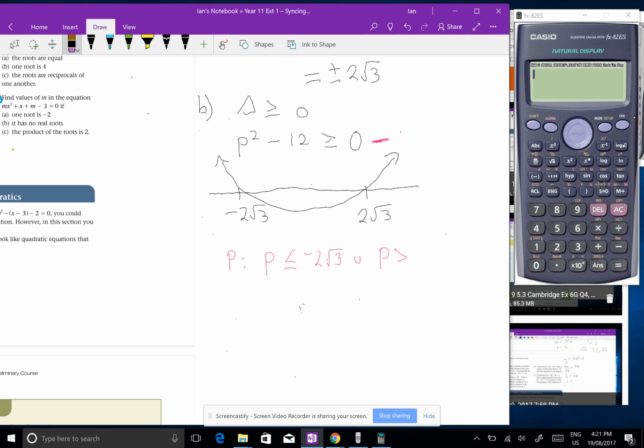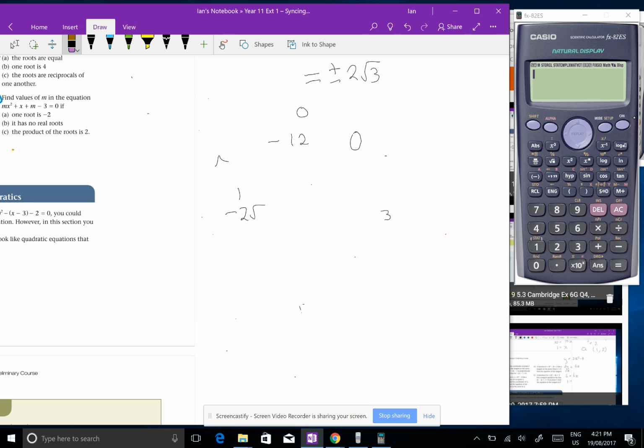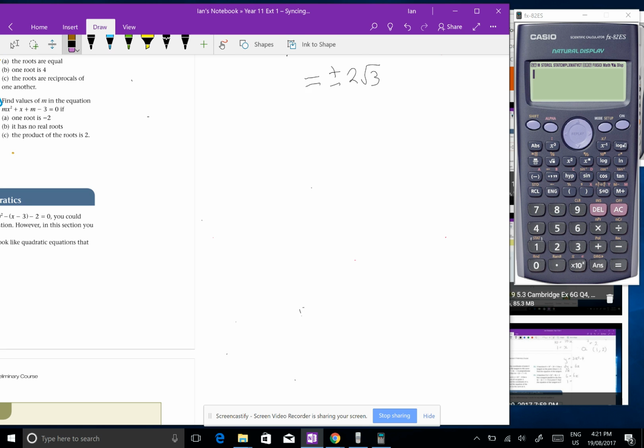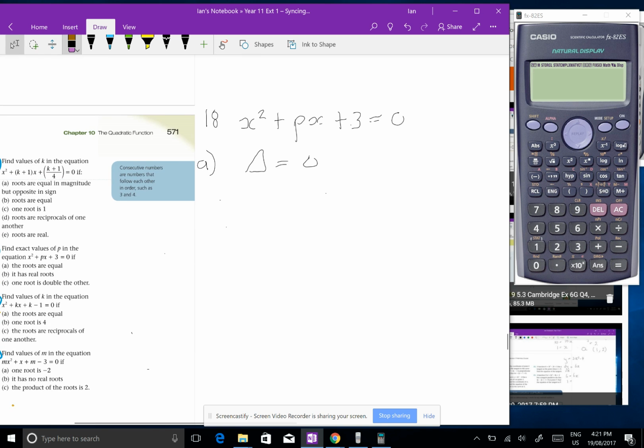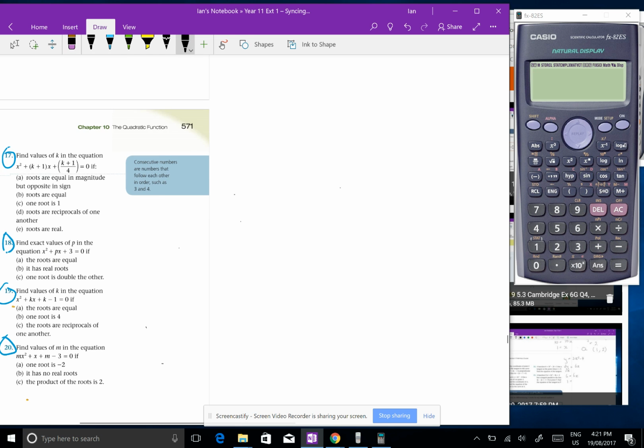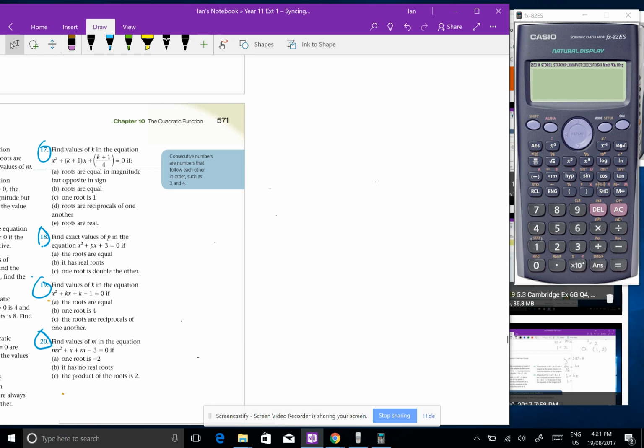So I'll just get rid of this so we can see the question at the same time. All right, question 19. What do we got here? Find the values of k. So let's write the equation for 19.